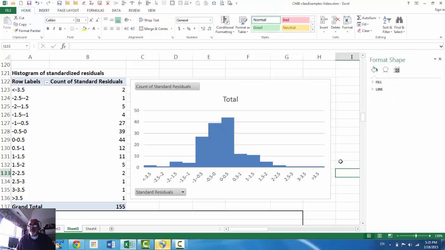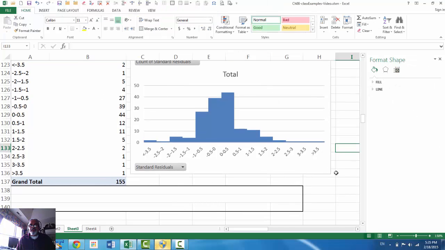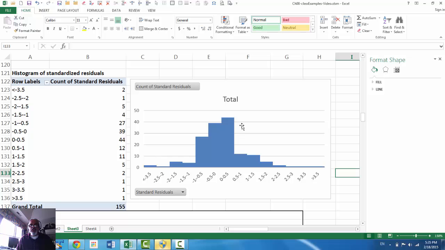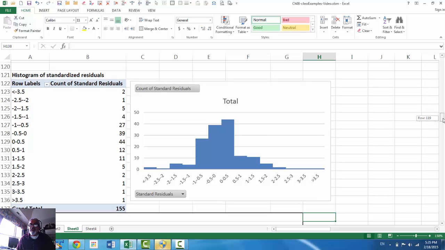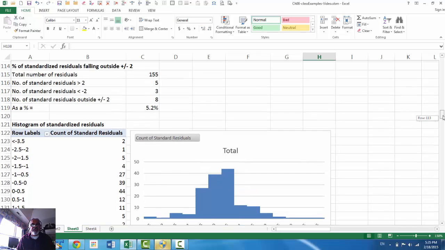So now we have the histogram. The histogram is slightly skewed to the right, but it has a somewhat normal, kind of symmetric, bell-shaped distribution, even though it is not a perfect bell, which is not a problem. If it's not a perfect bell, it's still okay. It is somewhat close to a bell-shaped distribution.